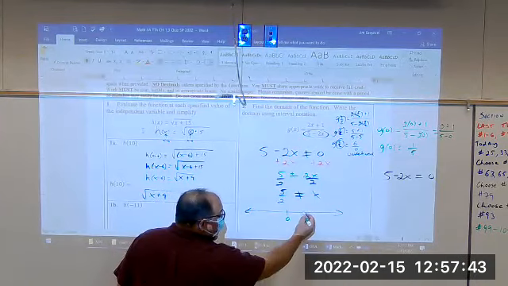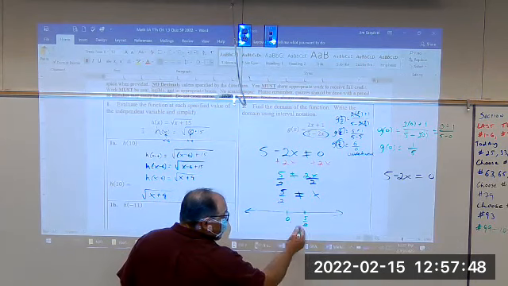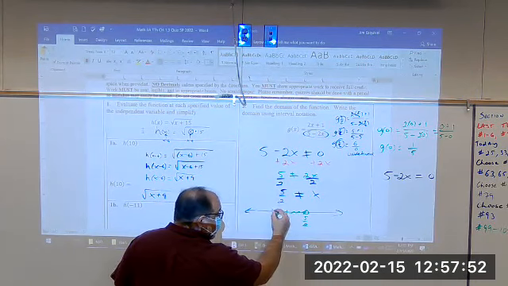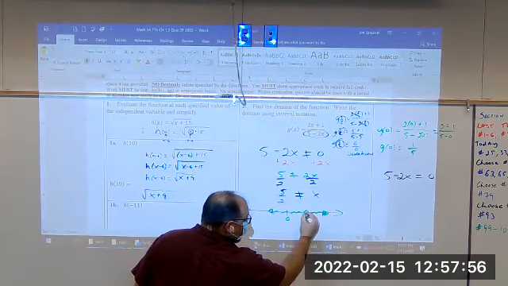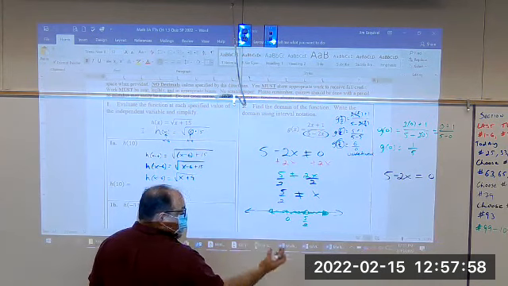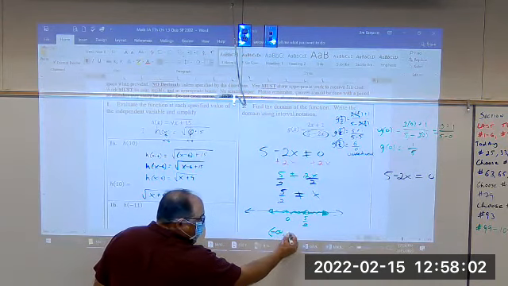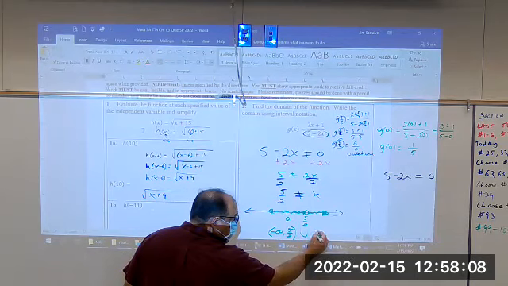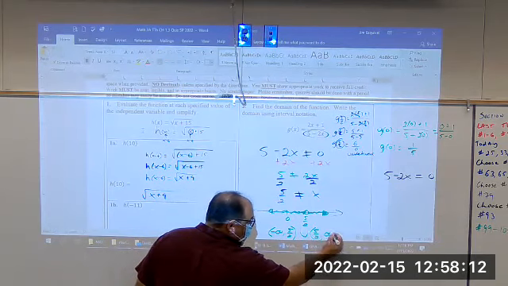There's 0, and 5 over 2 is over here. 5 over 2 on a number line would have an open circle, and you shade everything left and right, because everything except 5 over 2 works. So that means from negative infinity up to 5 over 2, parentheses, union, the interval from 5 over 2, parentheses, to positive infinity.